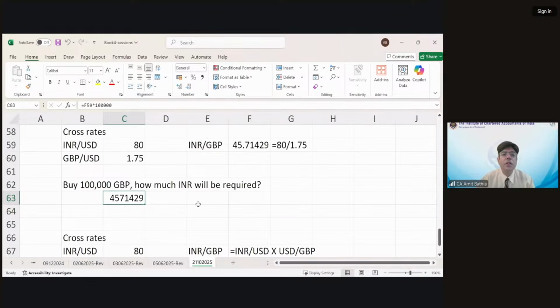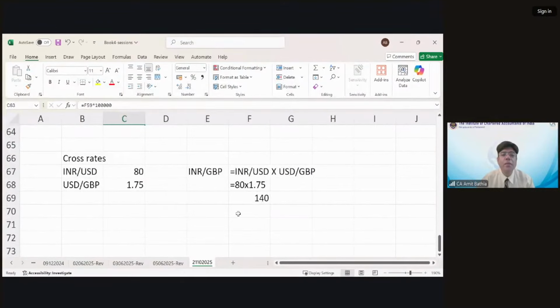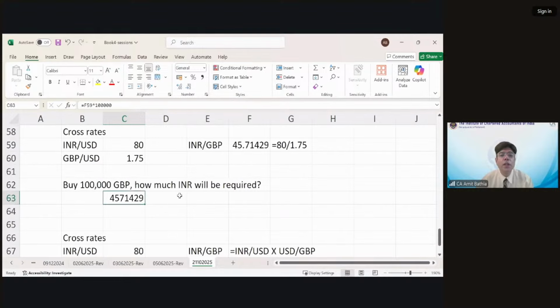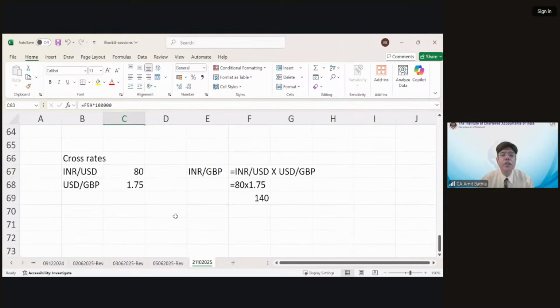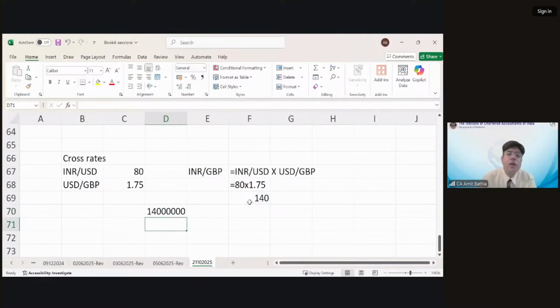Similarly, here if you have to buy, the rate is 140, so I would need 140 multiplied by 100,000. So it will become 1.4 crores.